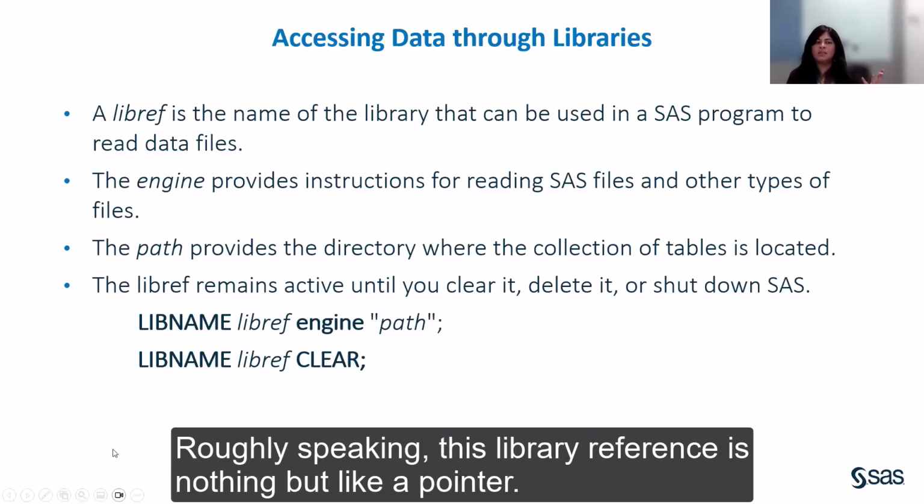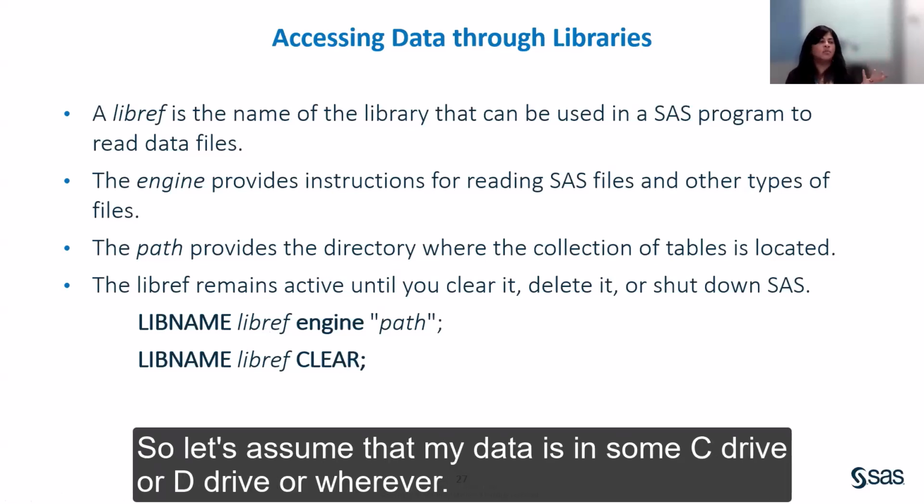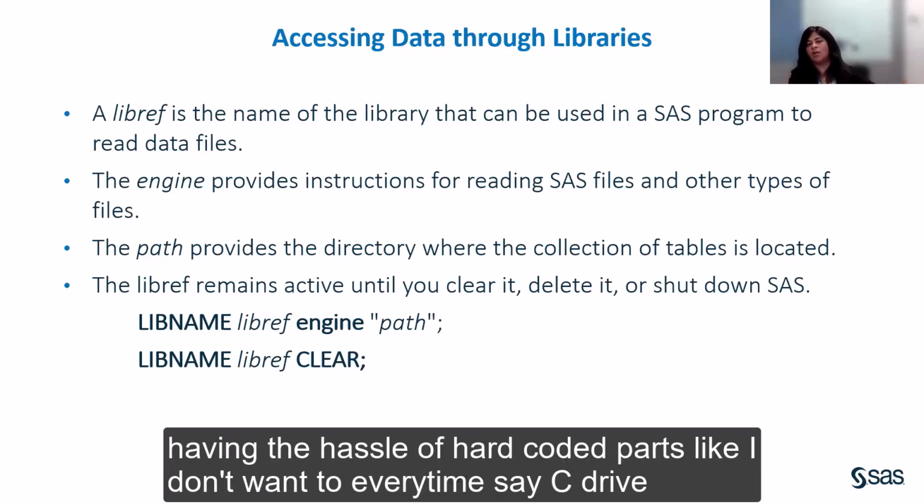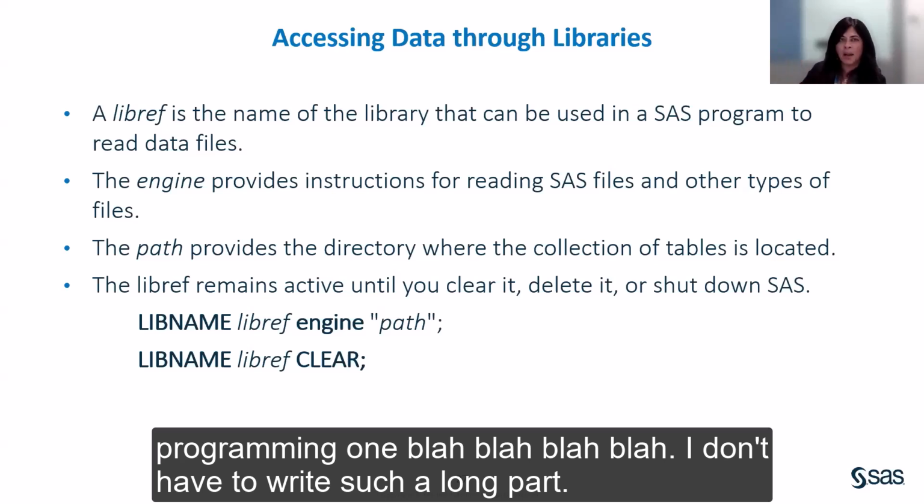Roughly speaking, this library reference is nothing but like a pointer. So let's assume that my data is in some C drive or D drive or wherever, and I want to access it without having the hassle of hard-coded paths. I don't want to say every time C drive, programming one, and so on. I don't have to write such a long path.